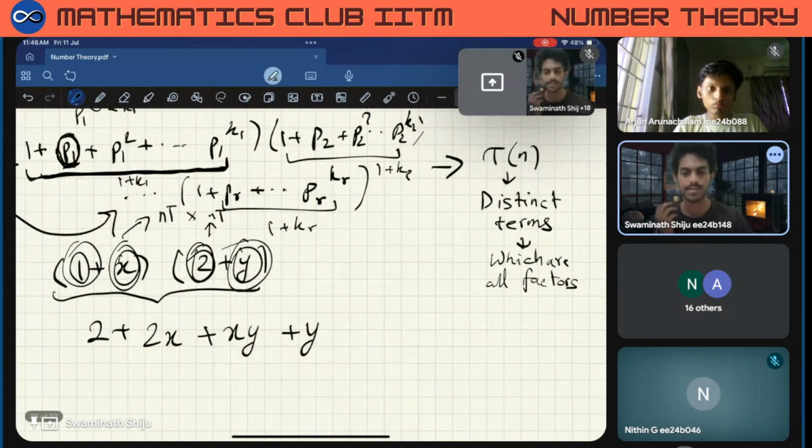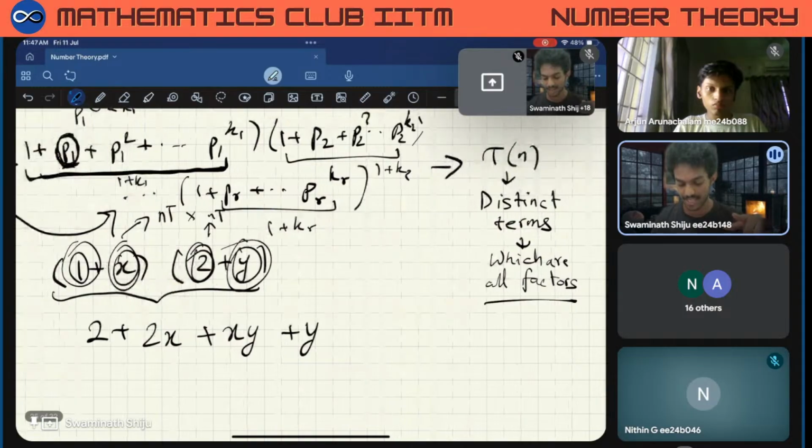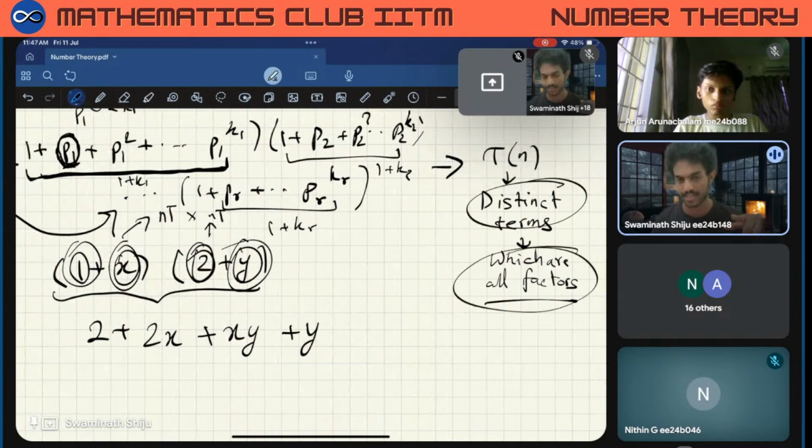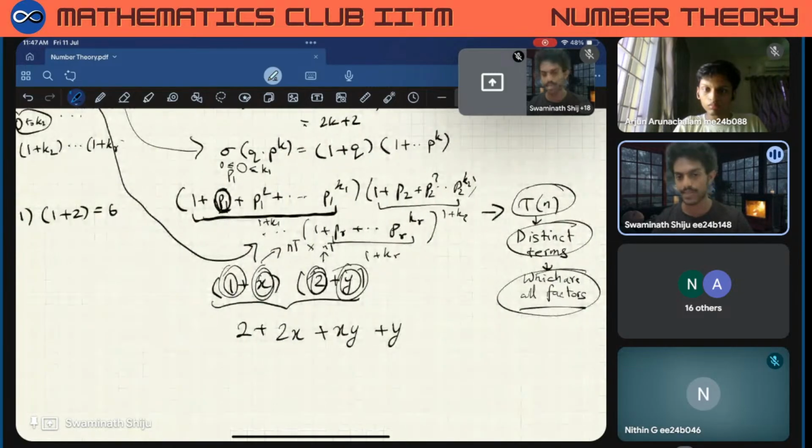If you have 10 balls with numbers on them, and I took 10 of them and I know all of them have distinct numbers, then I know that I have all the balls. So I have distinct terms, I know all the terms are factors, and I have the exact number of them. So I have accounted for all the terms. It's a bit of an abstract argument, but I hope you can agree with that.